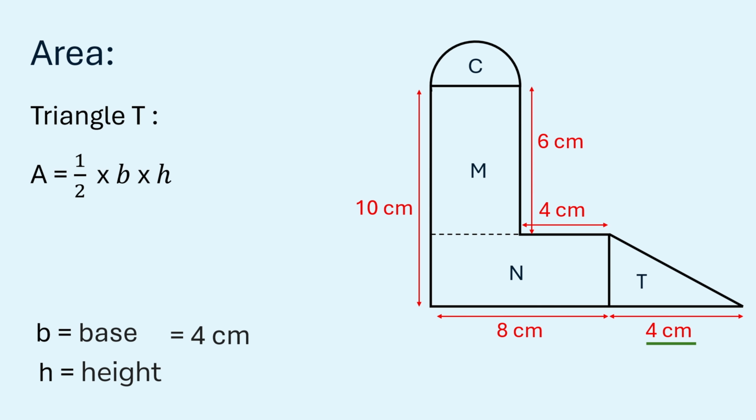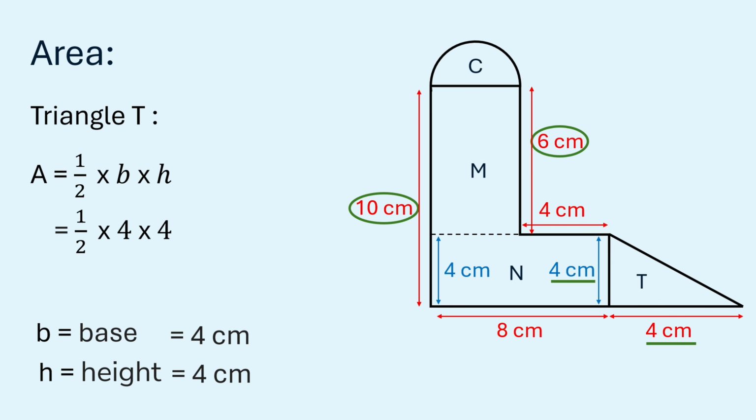H represents the height of triangle T, which equals the width of rectangle N. It is calculated as 10 centimeters minus 6 centimeters, which is equal to 4 centimeters. So H is equal to 4 centimeters. With base and height both 4 centimeters, A is equal to 1 divided by 2 times 4 times 4, which is equal to 8 square centimeters.